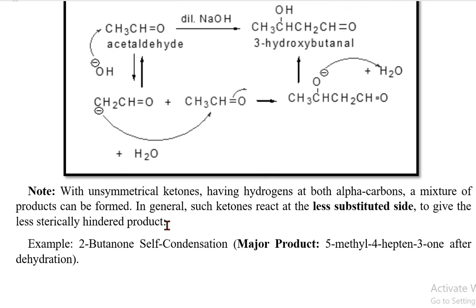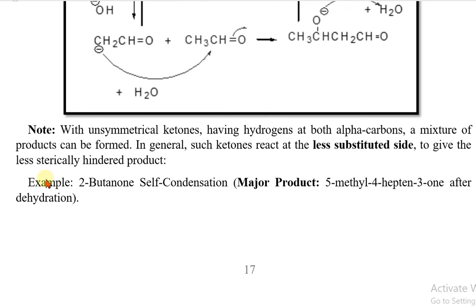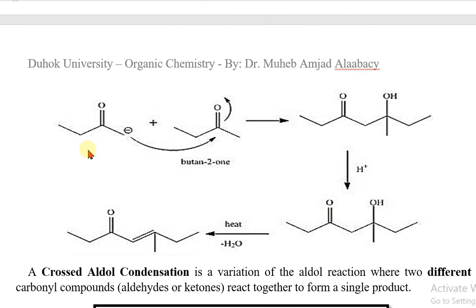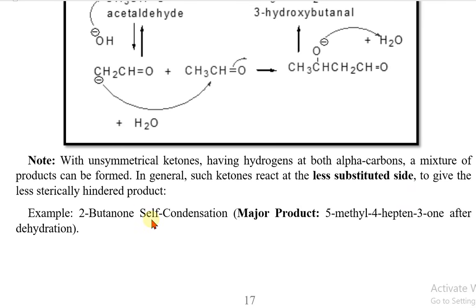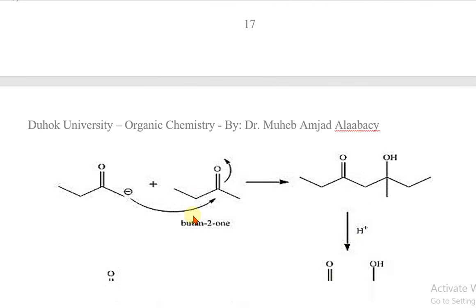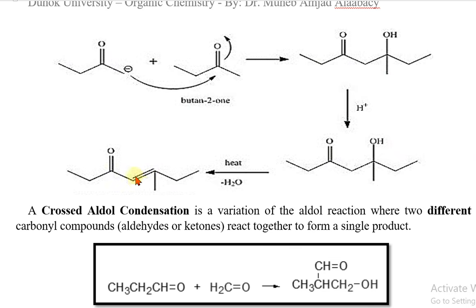For this example, 2-butanone will enter the aldol condensation, and the major product will be 5-methyl-4-heptanone. This is the major product.